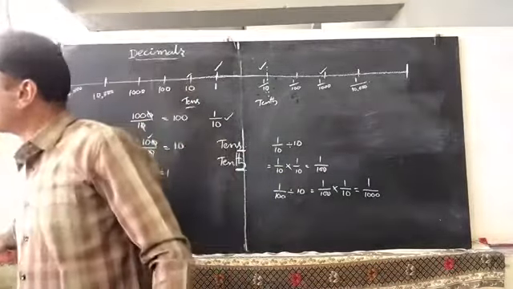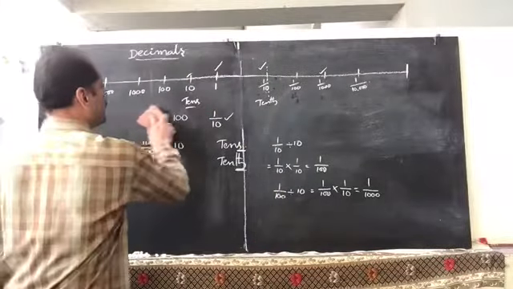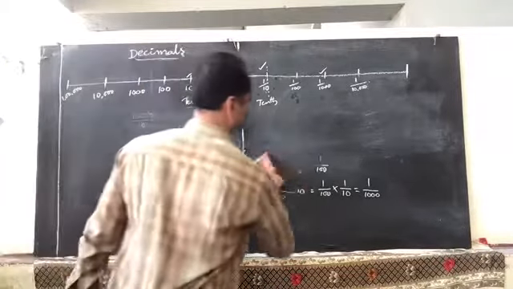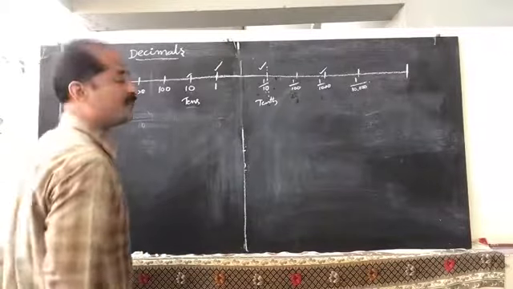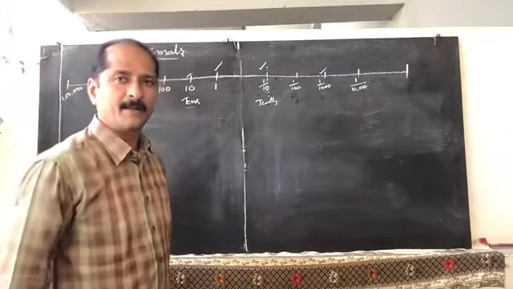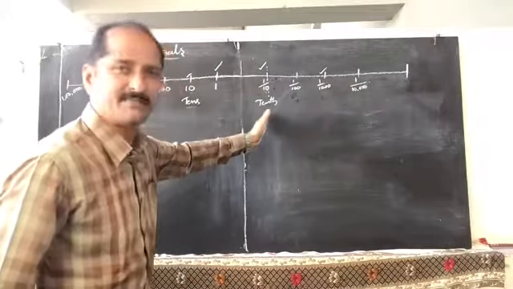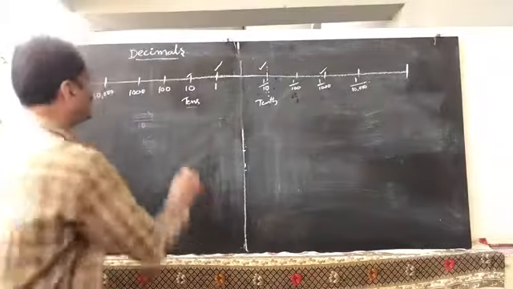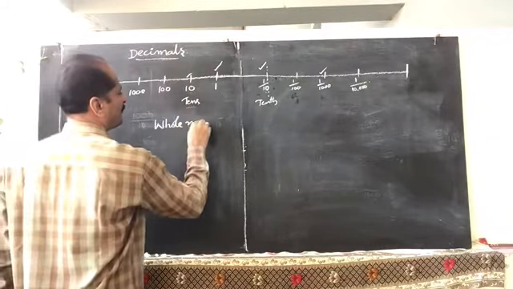Now how can you write or read the decimal? Whenever you are reading a decimal, for every decimal we have 2 parts. The part which is before the decimal point, the whole of what is before it, we call the whole number part.